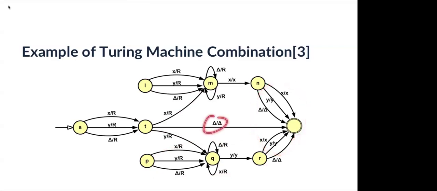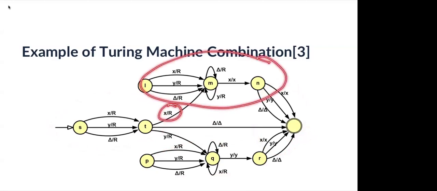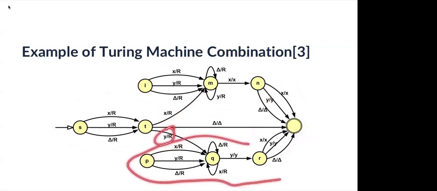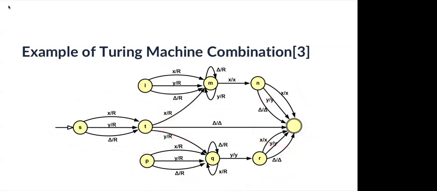Or otherwise, we just go to the halting state. So imagine it as one procedure. If some condition, we go to a second procedure. If another condition, we go to the third procedure. Otherwise, we just end.